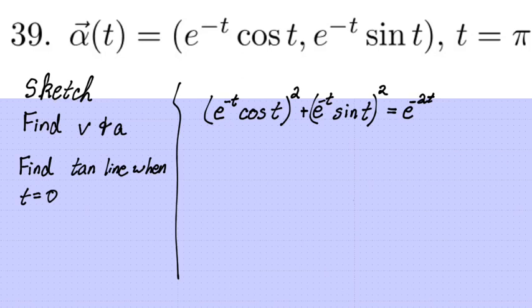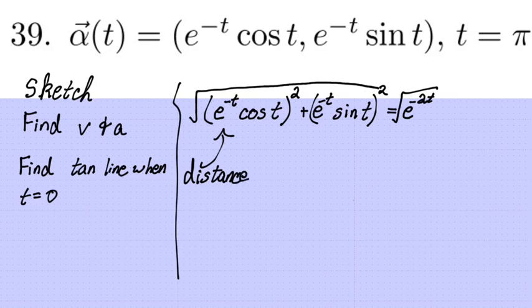So the distance, so now if I took the square root of both sides, I guess, this side is the distance from the origin. And this side is e to the negative t.